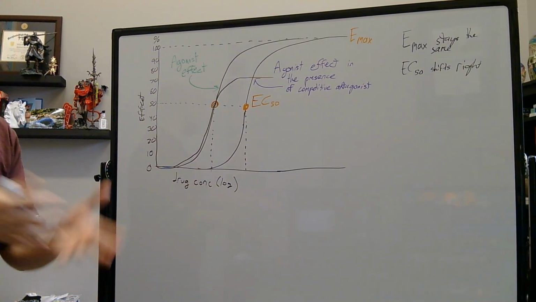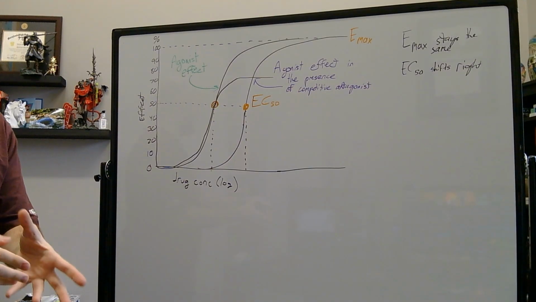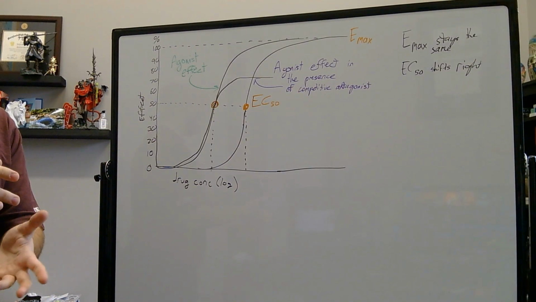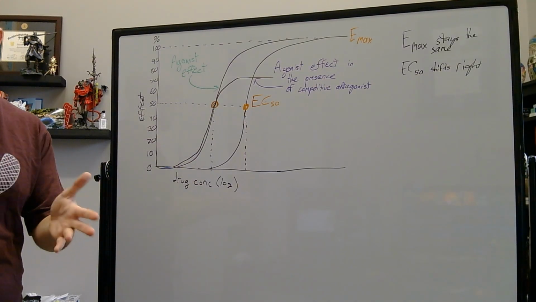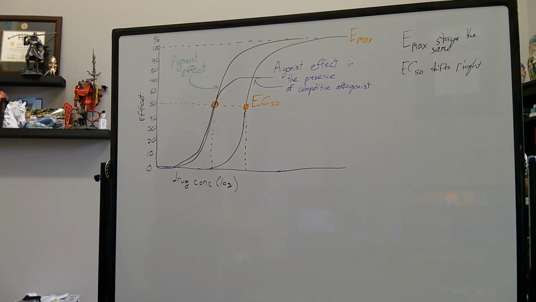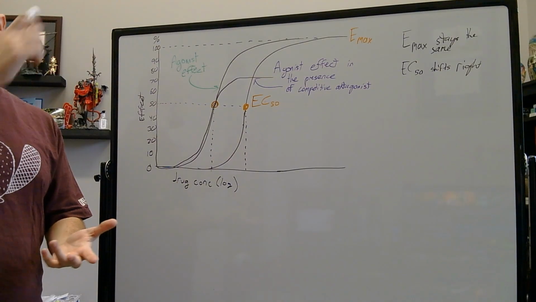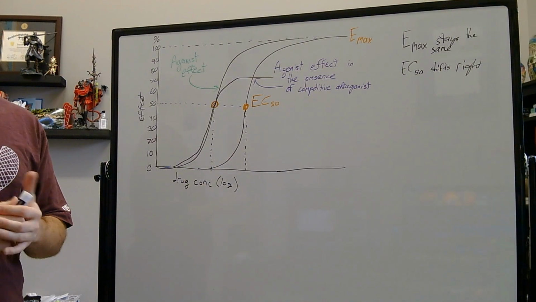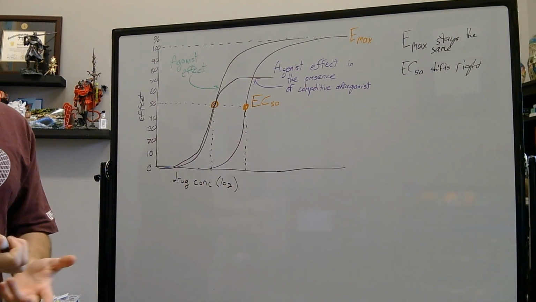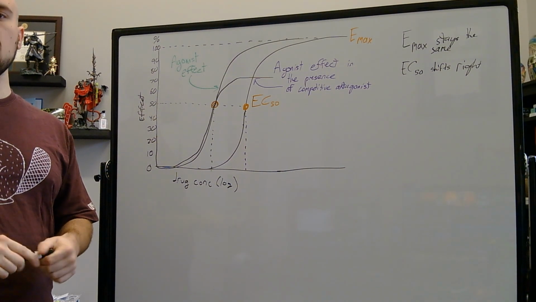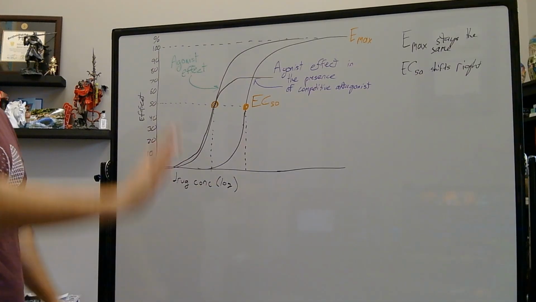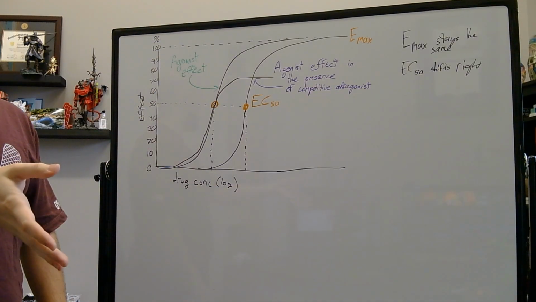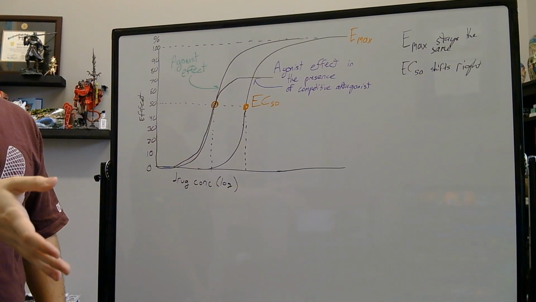This is something that's either binding or permanently disabling the receptor in some way. It doesn't compete for the same site as the full agonist. The consequence is that it doesn't matter how much agonist you introduce if the receptor is just not there for it to bind to.